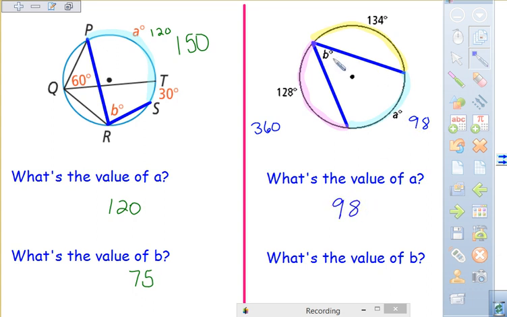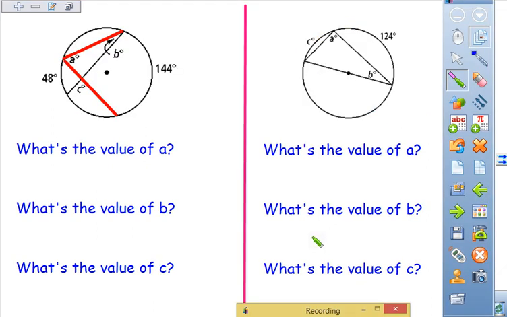To get the measure of the inscribed angle, then I take half of that, so that angle would be 49. In the next problem, we're trying to find the value of A. A is an inscribed angle, and here is the intercepted arc.